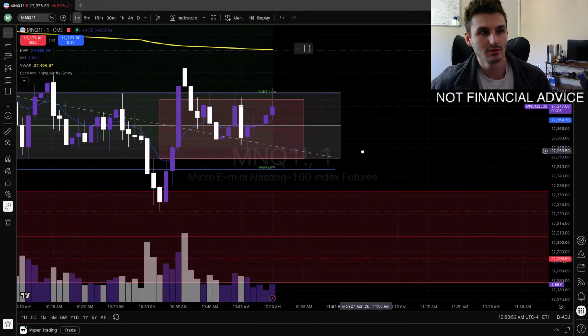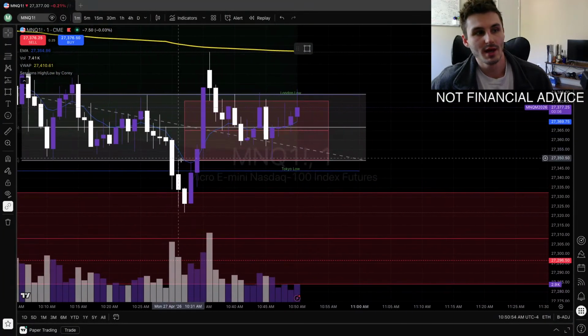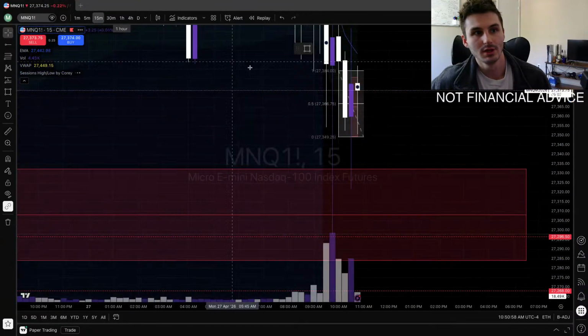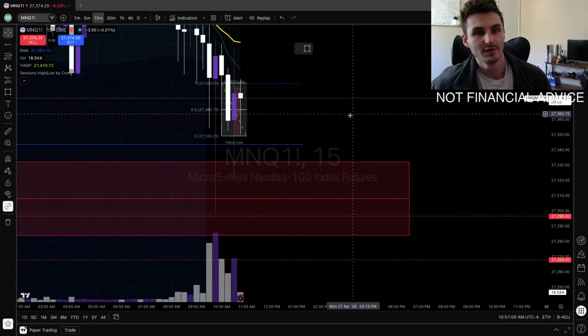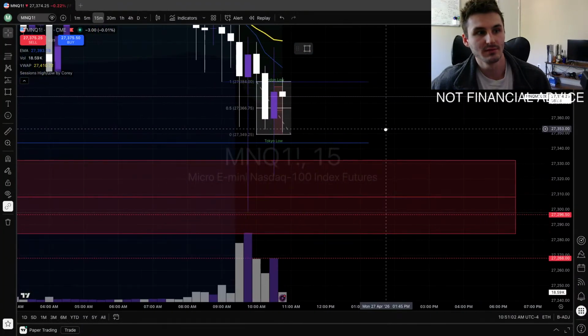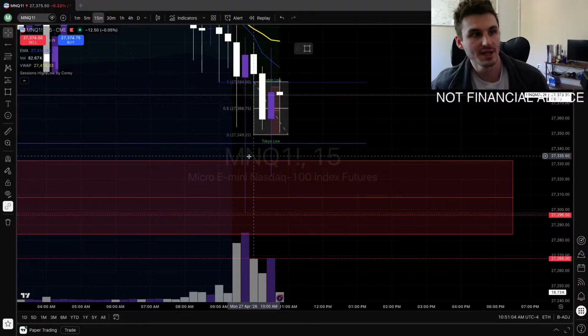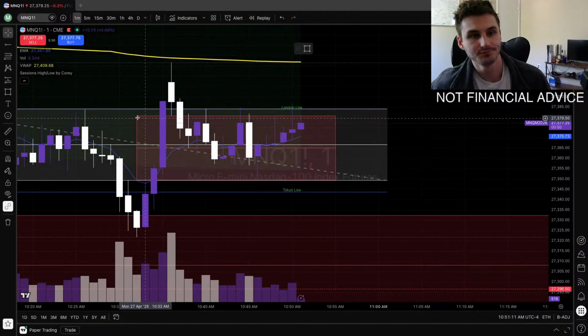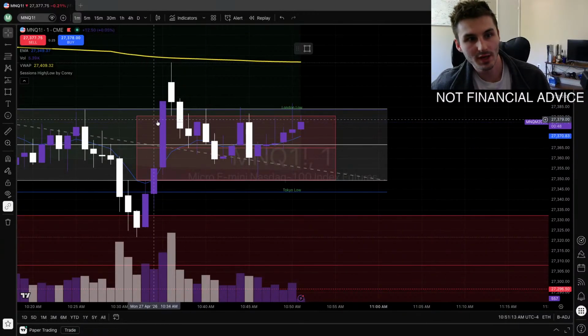See that? Then we manipulated down into this 15-minute zone with this candle, a nice wick, and then we pushed higher. Fair value gap formed right here.